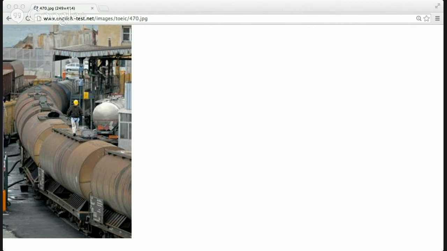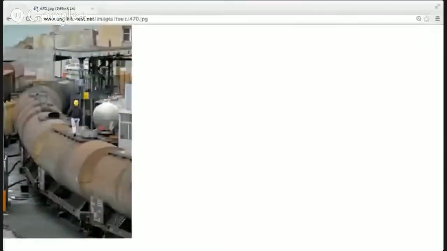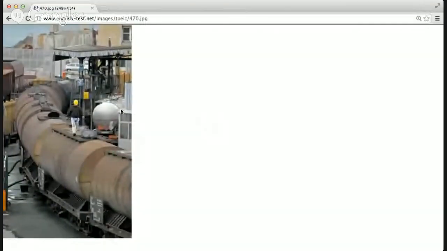There is a stair behind the guy. It's a walkway to go to the next pipe at the next level, probably. And it is covered with a surface that is made of probably cement.